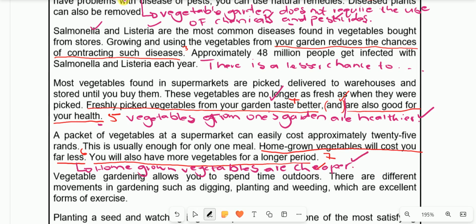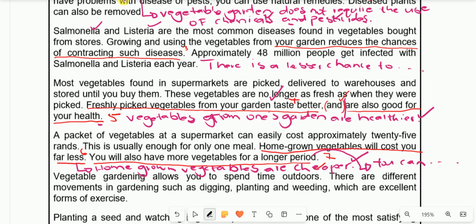You will also have more vegetables for a longer period. So we can say the benefit is that you can have more vegetables that last long.